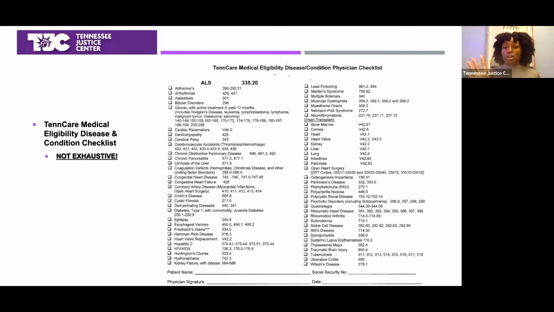Some of the things on this list that I typically see are cystic fibrosis, Crohn's disease, hydrocephalus, and quadriplegia. Those would make a kid eligible. But if a child's condition is not on this list, that does not mean that they don't meet the criteria for TennCare Standard. You might just have to provide some additional documentation.